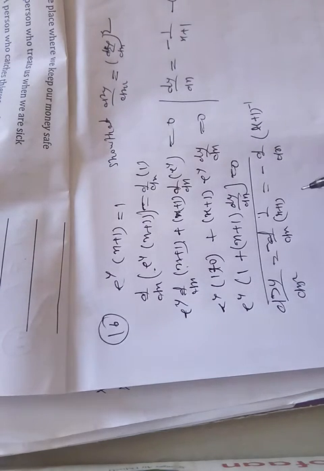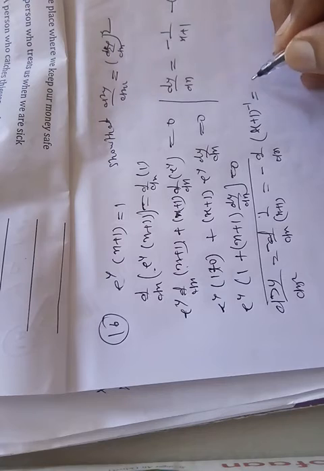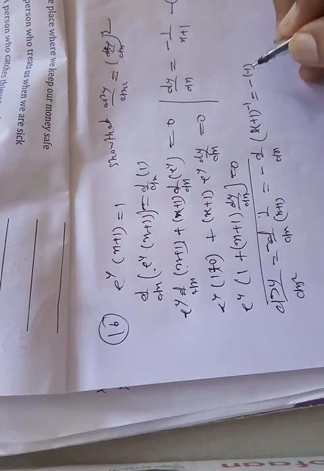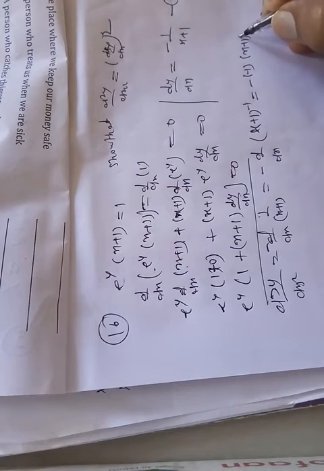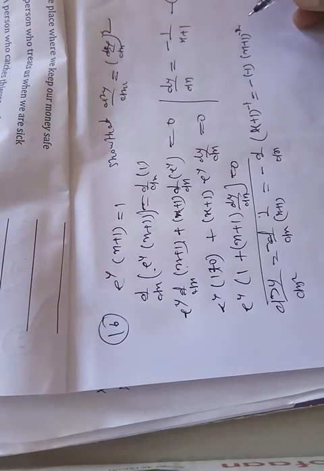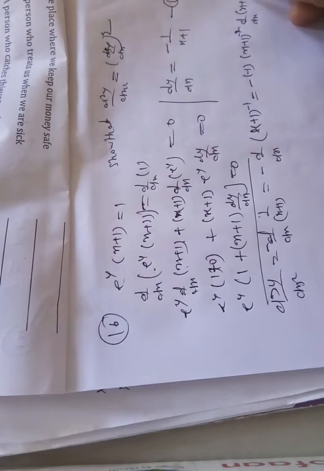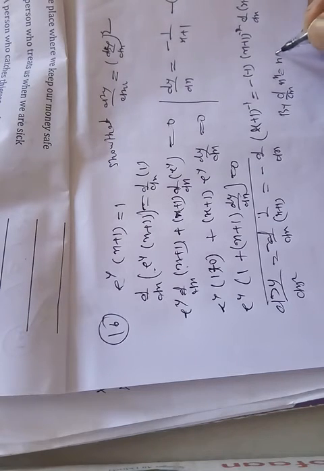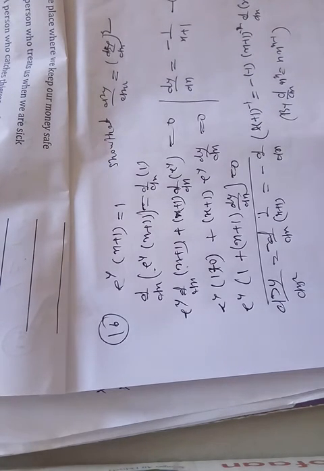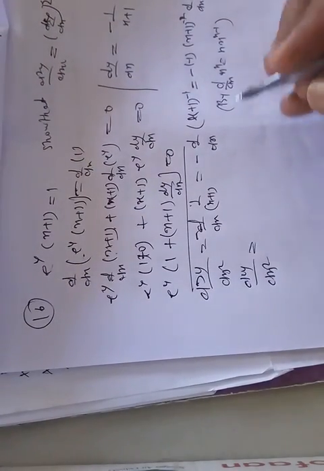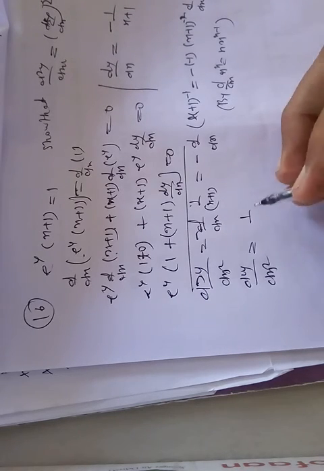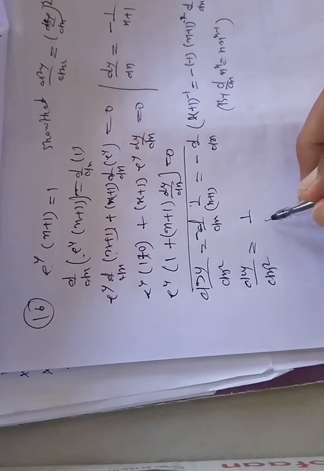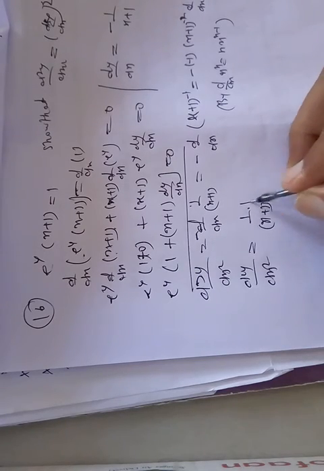You can change it directly using x^n type derivative: minus times (-1)(x+1)^(-2) times d/dx of (x+1). So d²y/dx² equals 1/(x+1)².